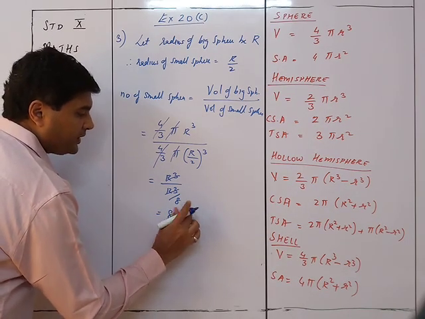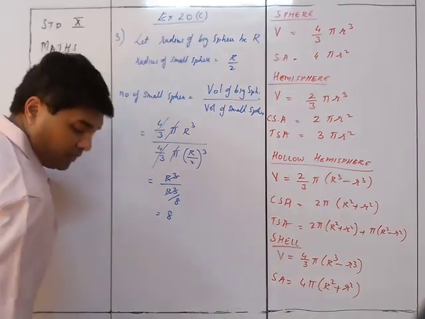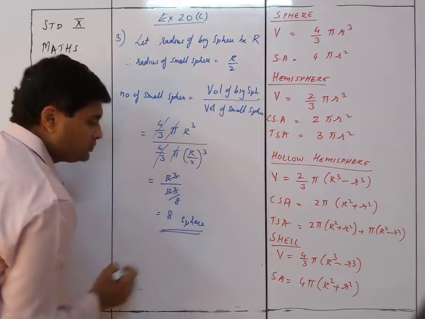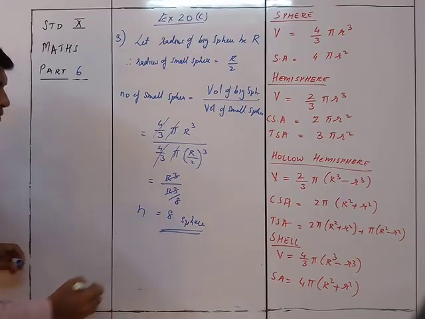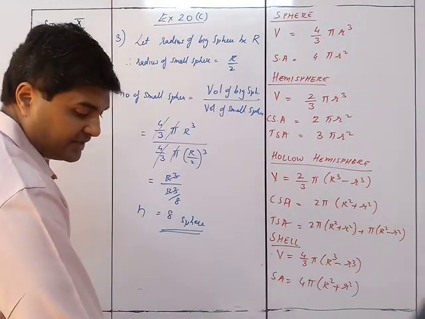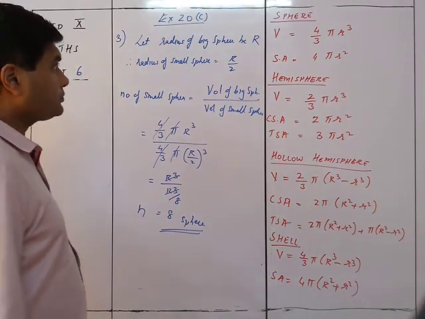So with that big sphere we can make 8 small spheres. So n is equal to 8 spheres. That is the answer for exercise 20C, third sum: 8 spheres.